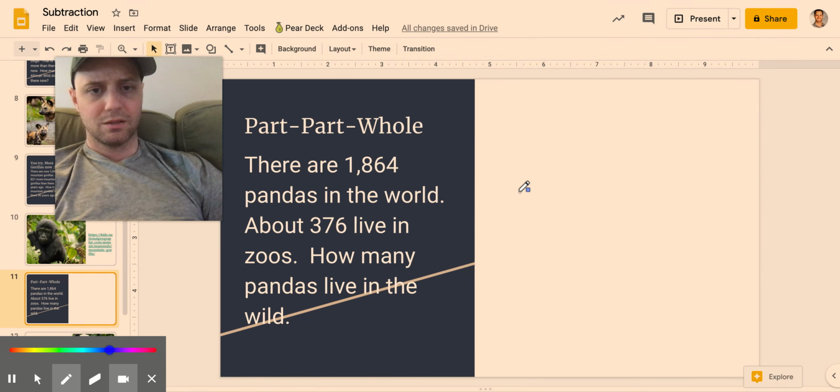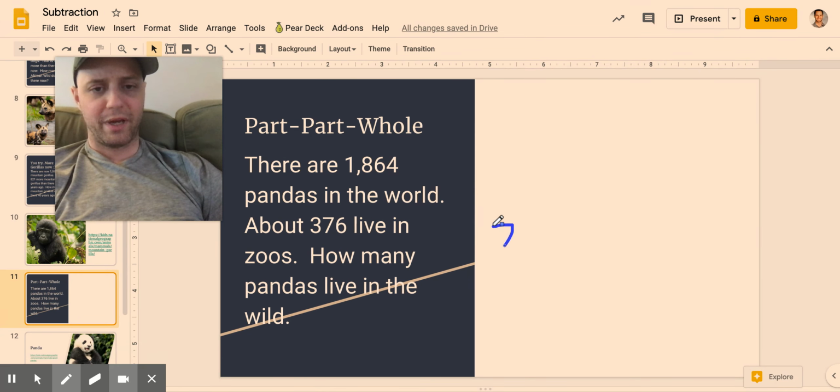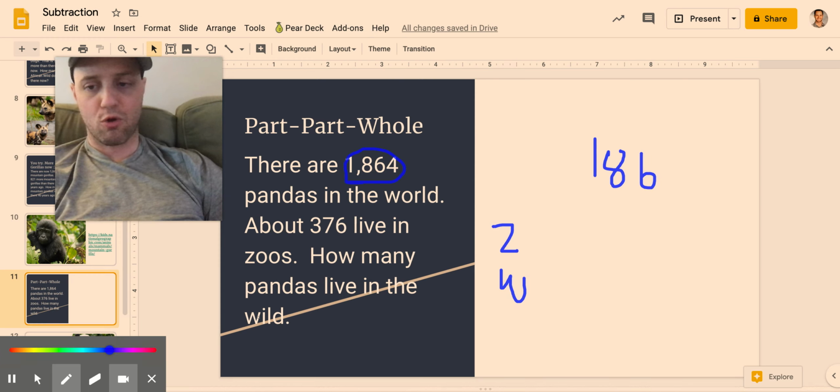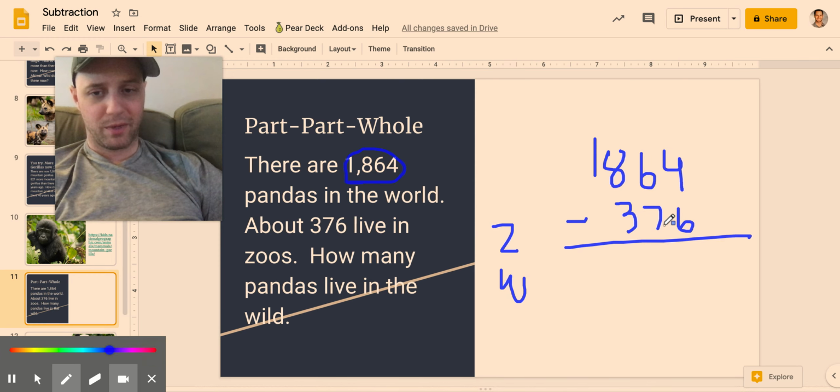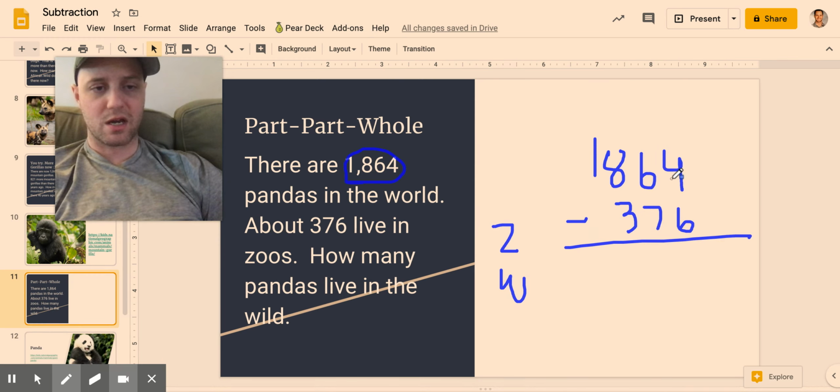So, you got your zoo pandas, you got your wild pandas, and altogether that's got to equal 1,864. So, if I have 1,864 total, and I take away how many live in zoos, that'll tell me how many are wild. Let's regroup here, because 4 minus 6 is negative 2. Take away a 10. Add a 10 here. 14 minus 6 is 8.